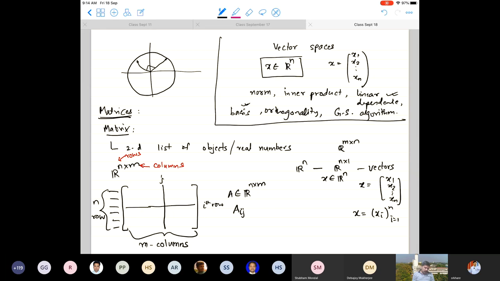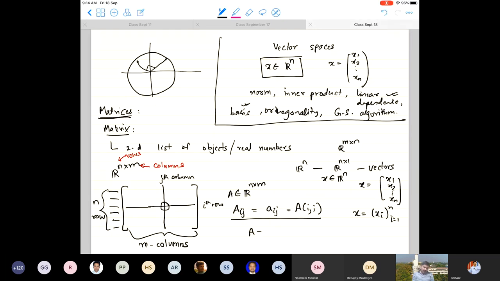The element in the ith row and jth column is a_ij. Sometimes I will write with a capital, sometimes with a small letter, depending on the situation and the type of notation I am using. So these are the different notations to show the entries in the matrices.